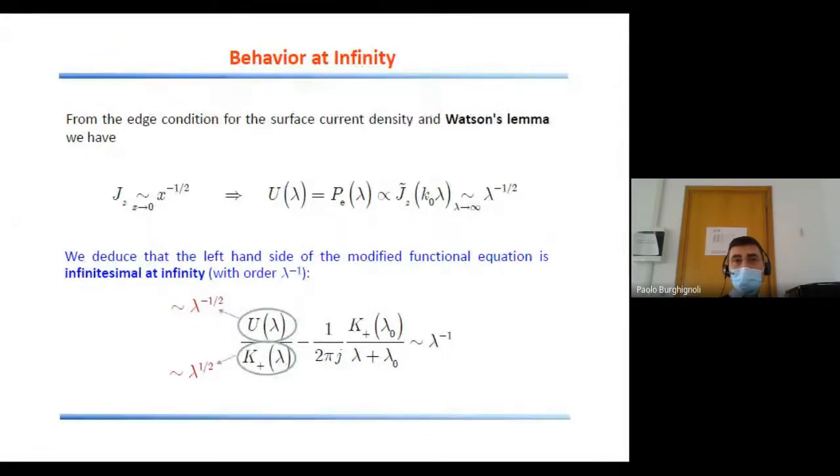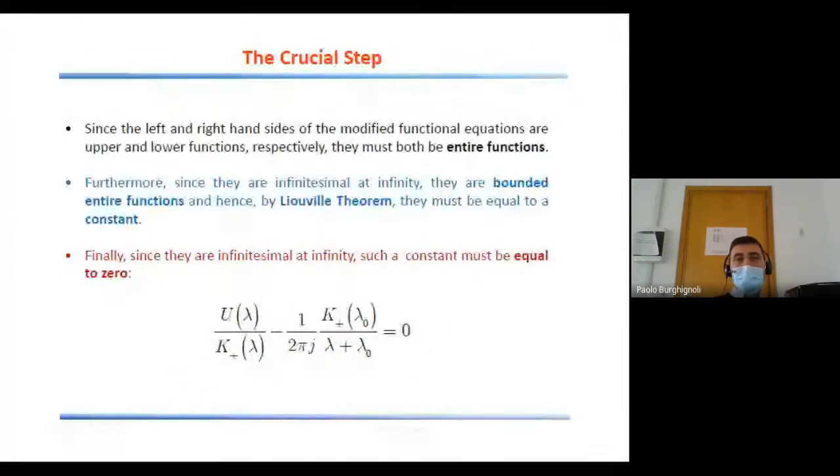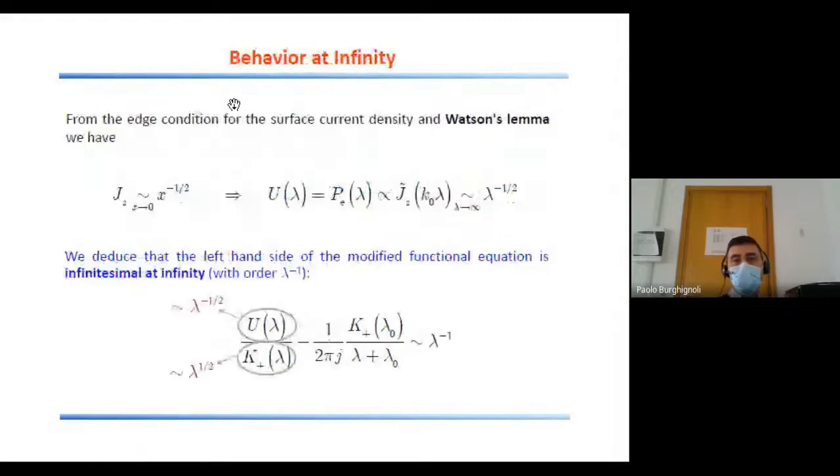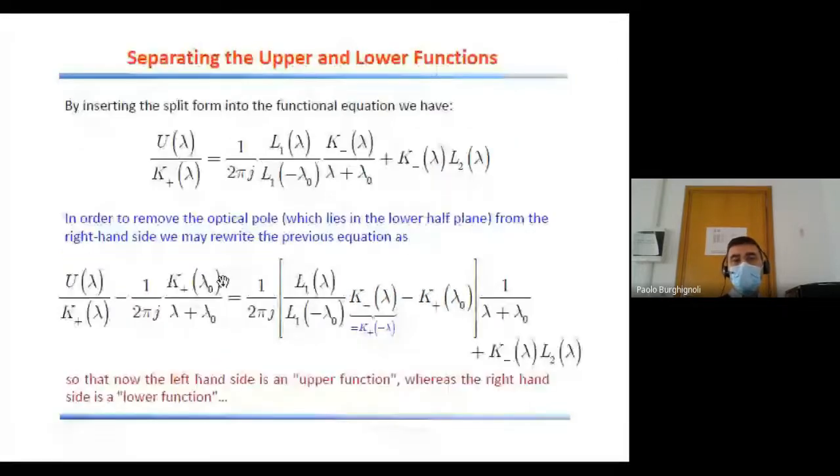So since this is asymptotically decaying to infinity, what we have got are respectively an upper function on the left and a lower function on the right. But since they are equal, this means that both are analytic everywhere.